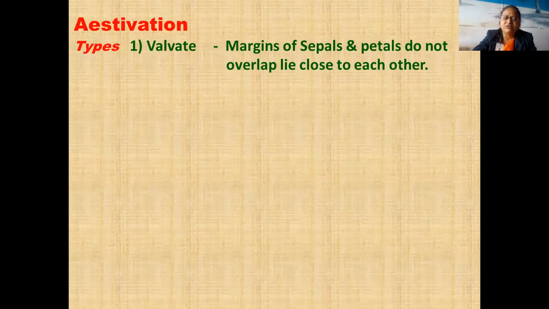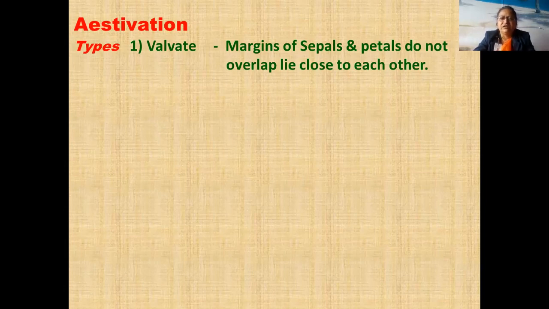There are different types of aestivation: valvate aestivation, twisted, imbricate aestivation, and vexillary aestivation. First, valvate aestivation. In valvate aestivation, margins of sepals and petals do not overlap. They lie close to each other.